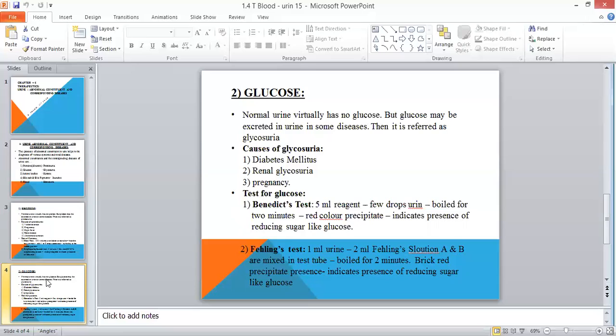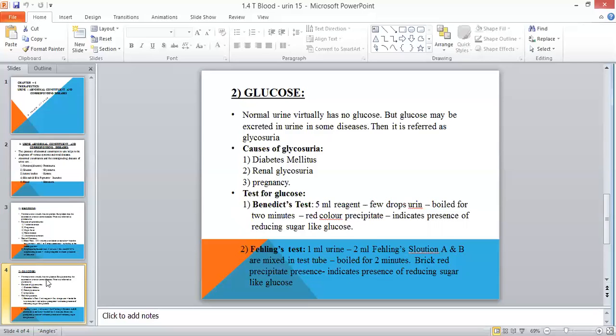Now, the causes of glycosuria: when a patient has diabetes mellitus, renal glycosuria, or in the case of pregnancy. Now, the qualitative tests for glucose. Number 1, Benedict test.